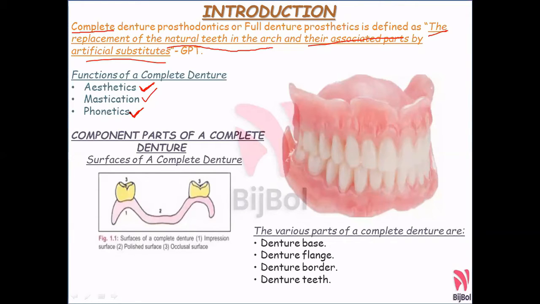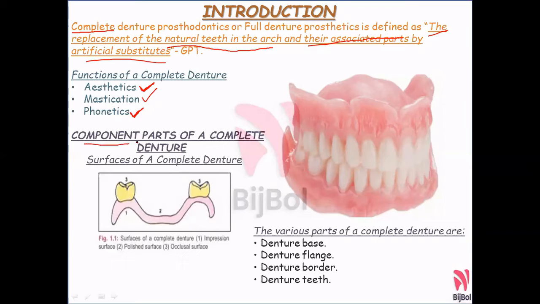Everyone knows the Varnamala, like ka kha ga gha, ta tha da dha. Every line of that Varnamala is a phonetic sound. Coming to the dental significance of that, we have dental sounds, bilabial sounds. All of these require your teeth. So these dentures help for phonetics also.